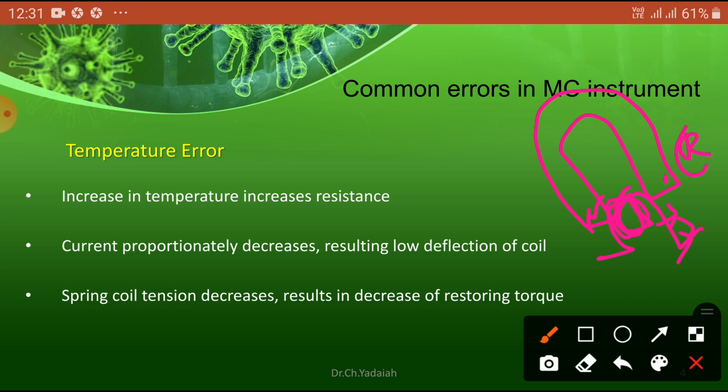This resistance changes with temperature changes. So how do we overcome this change in deflecting torque and change in controlling torque? If resistance changes, deflecting torque changes, and as the spring is heated, the controlling torque also changes. So what steps can we take to avoid this? Let us see the remedies.